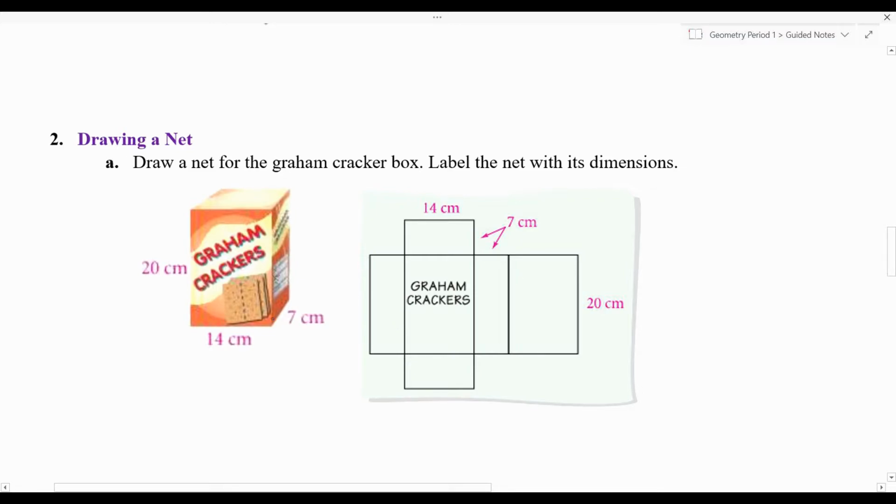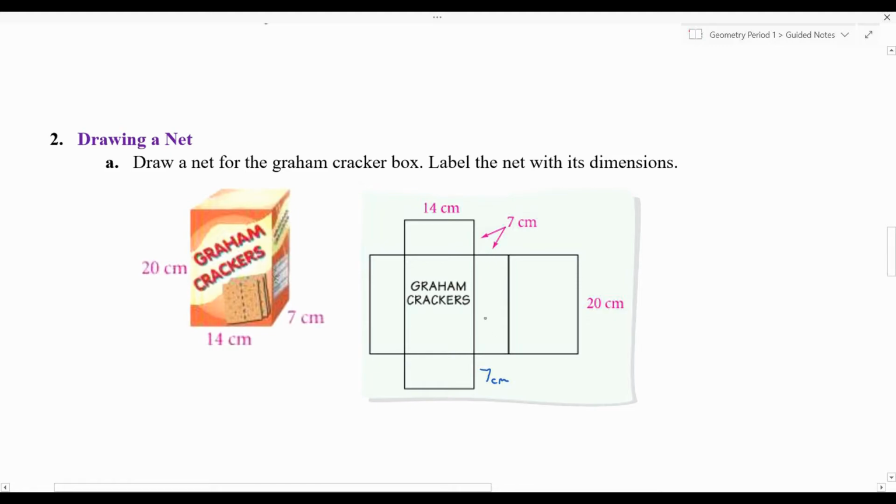Based on what we have here, this flap folds from this face, and it folds back, and goes down 7 centimeters here. So this is also 7 centimeters over here. Let me write a better 7. So 7 centimeters over here. And the other flap on top right here, we know that it goes 7 centimeters.